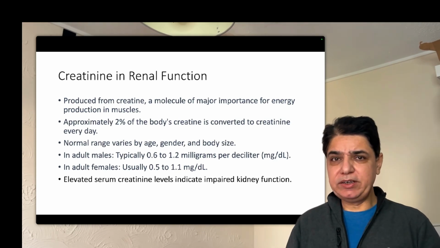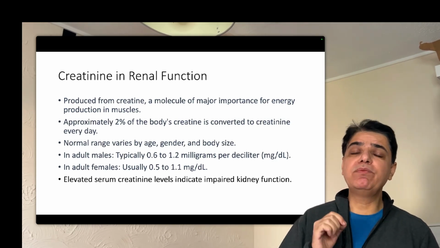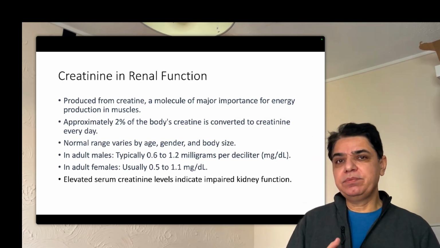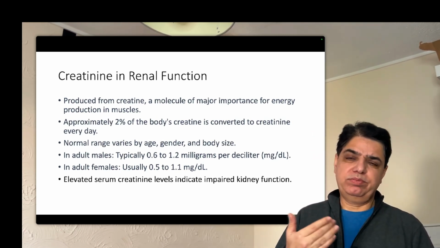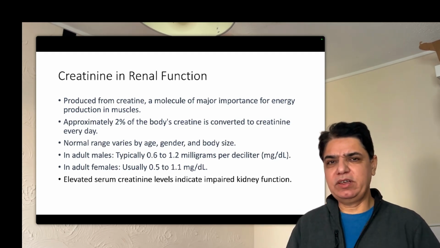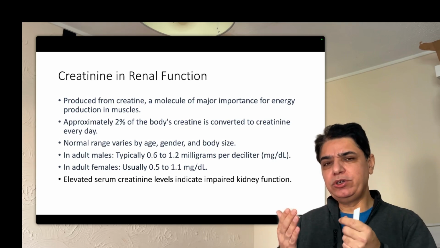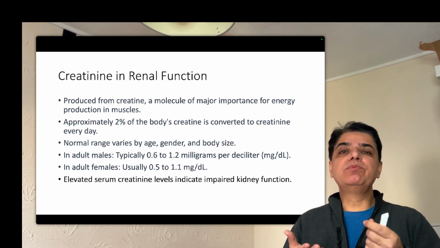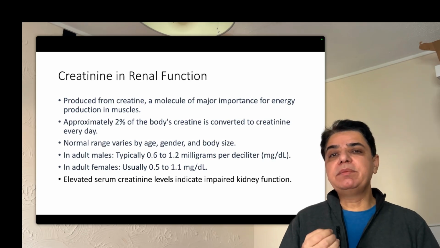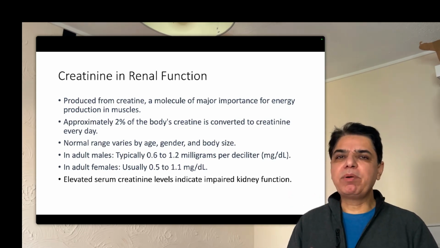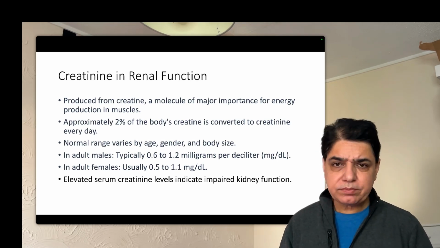If the serum creatinine is more than 1.2 milligram per deciliter in males, some books say 1.1, some say 1, but for the sake of simplicity, according to my lecture we take it as 1.2 in males and 1.1 in females. If it is more than that, it means the serum creatinine is increased, and it simply means that there is some compromise of the renal function.